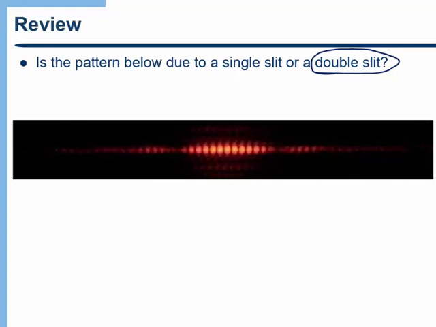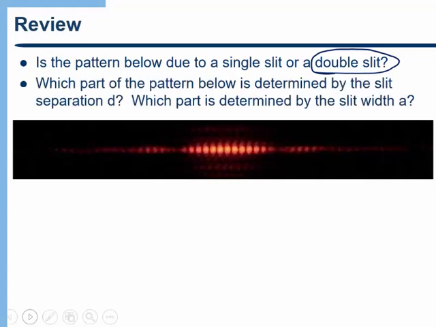Let's see if you can get the next part of the question. Which part of the pattern below is determined by the slit separation D, and which part is determined by the slit width A? What do you think?